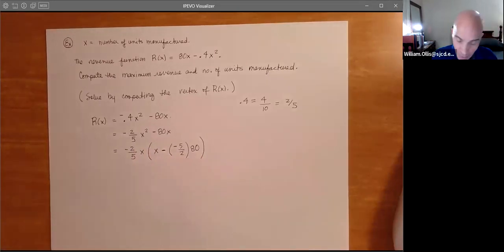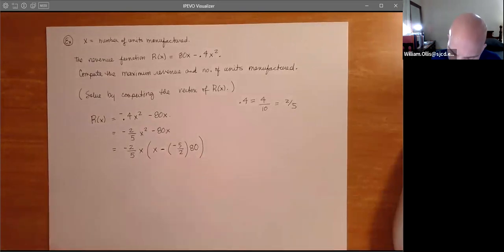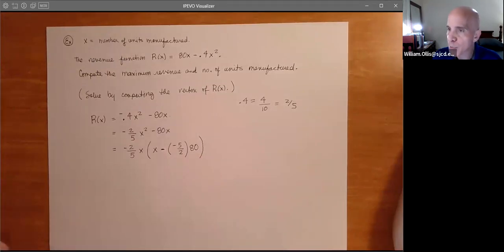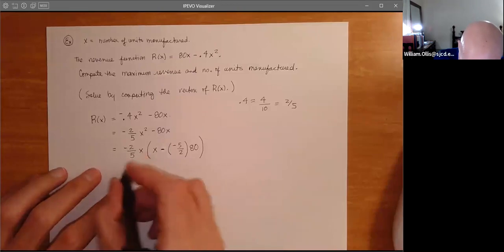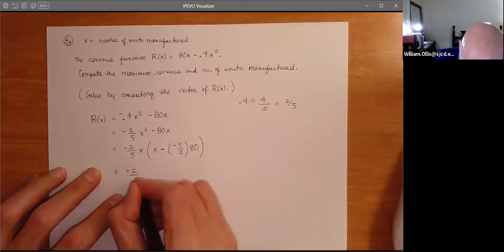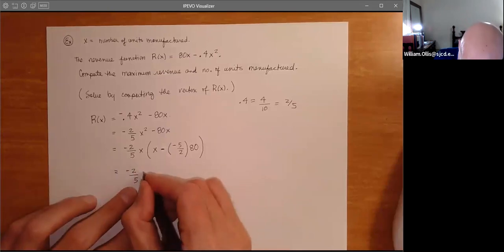Now, notice in this particular case, when we work this type of example, how are the intercepts going to help us? Well, let's just go ahead and finish this off. So we have negative 2/5, and then we have an x.